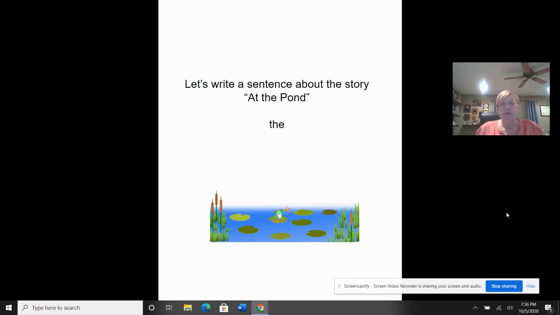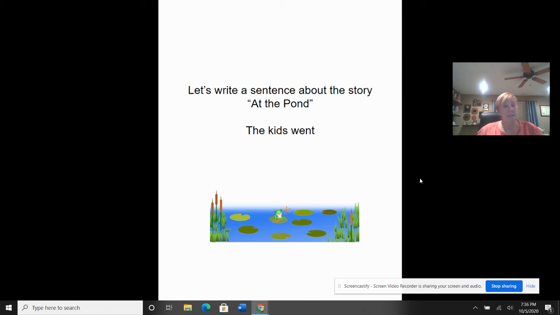So right here, I have started my sentence, the. Okay. Now, does that look right for my first word of my sentence? No, you're right. It should be an uppercase T. Right there, I've highlighted that to show because it's the beginning of the sentence. The kids.